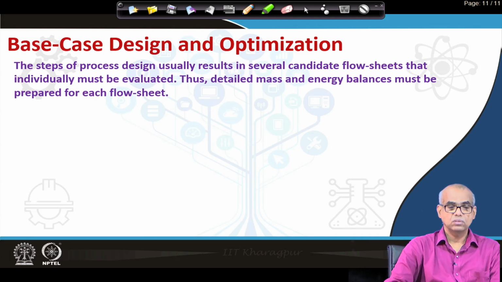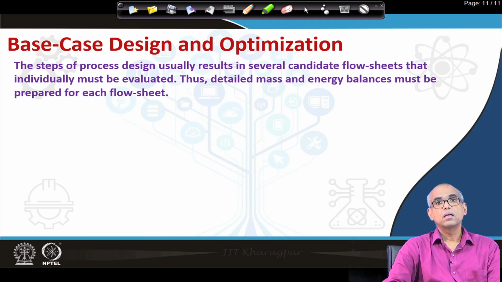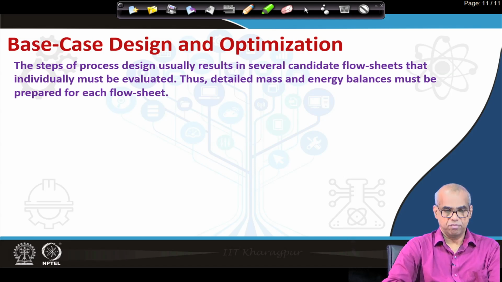Now, let us look at process synthesis as a whole in brief. The steps of process design usually result in several candidate flow sheets that individually must be evaluated.